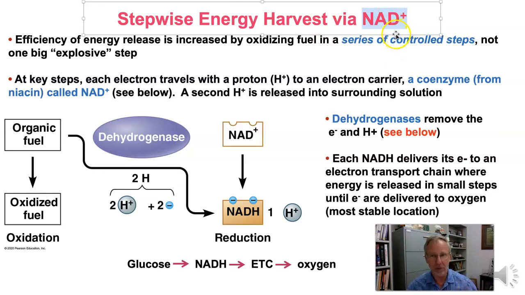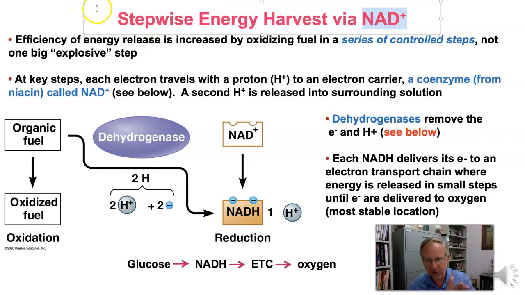In fact, that's the job of many cofactors or coenzymes in cells, to help move electrons around during chemical reactions. So during cellular respiration, of course, unlike burning gasoline or something where all the energy is released as heat and light, cellular respiration is a very controlled process.